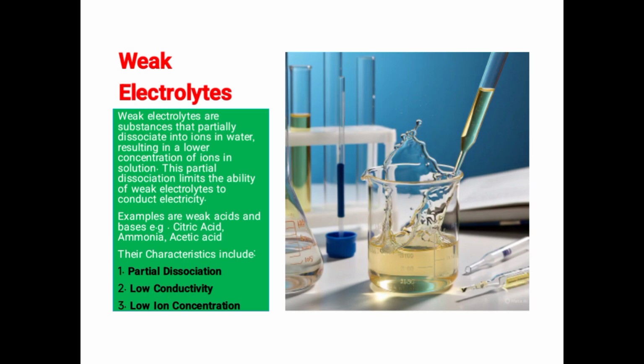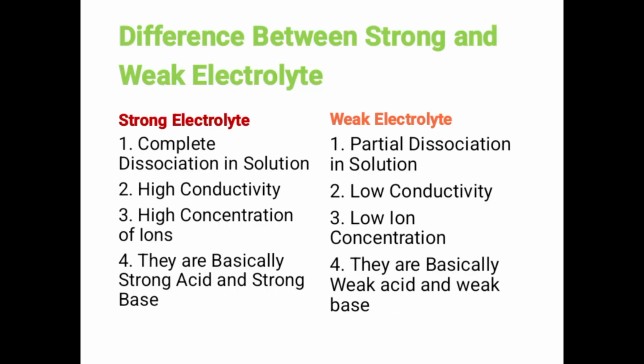Examples of weak electrolytes include weak acids and bases, e.g., citric acid, ammonia, acetic acid, etc. Their characteristics are partial dissociation, low conductivity, and low ion concentration.